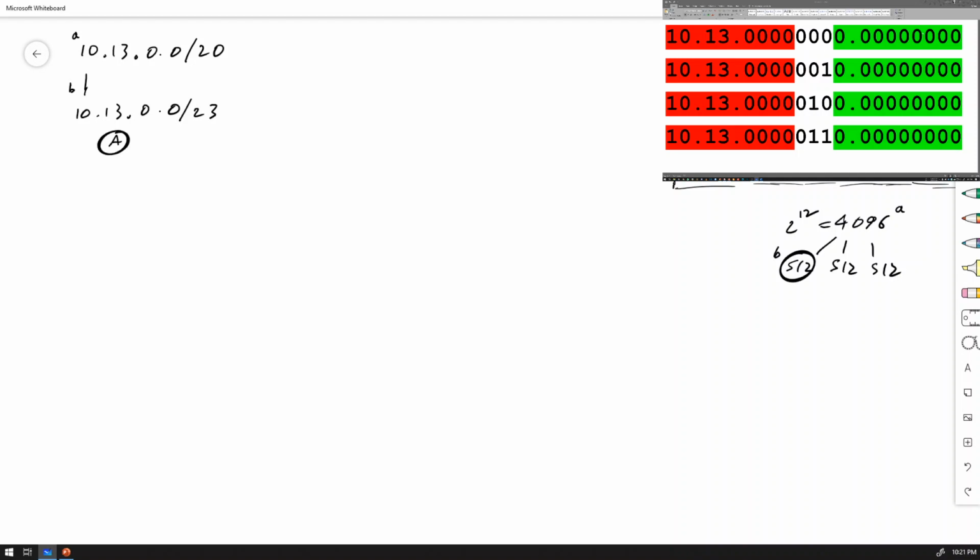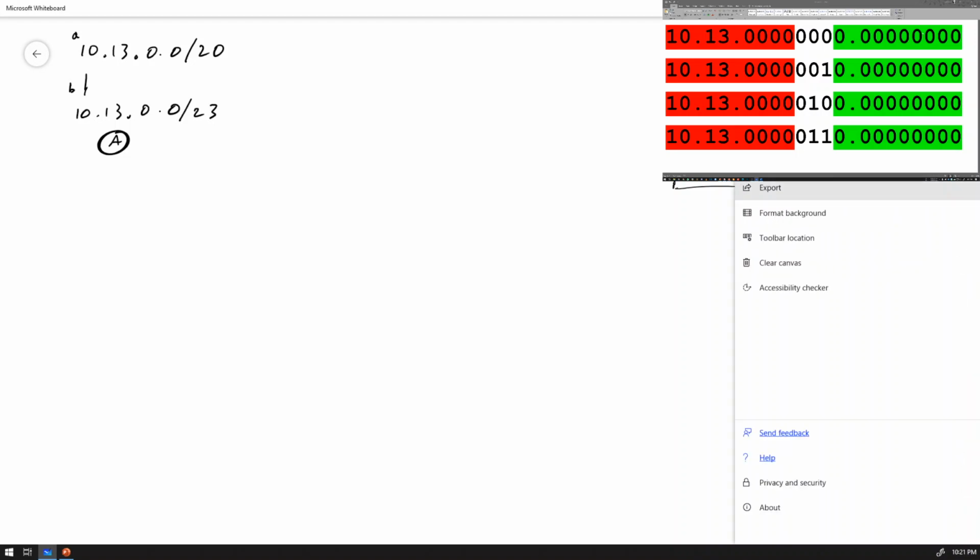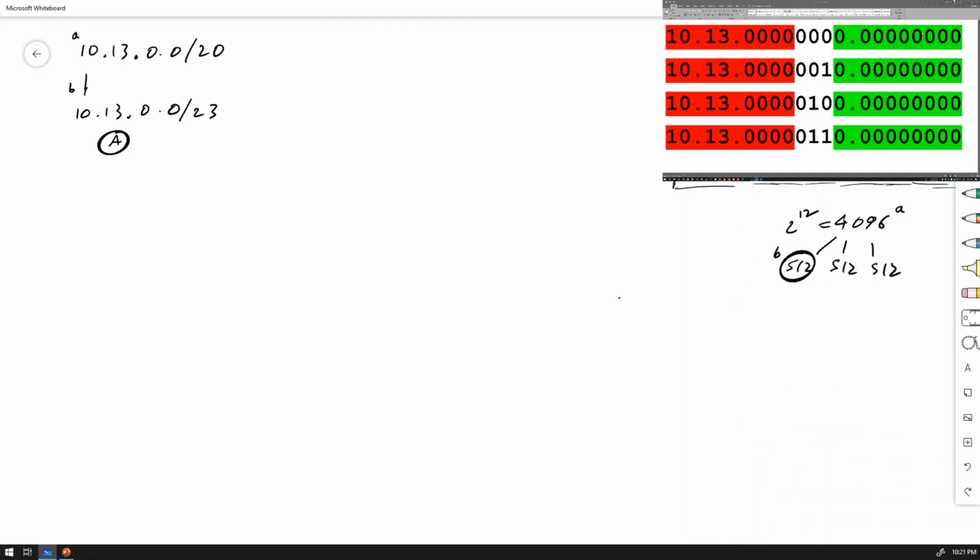For some reason I cannot rub that off. Anyway, so A, this one is used up. I cannot use this anymore, right? So I have to go to the next combination of 512.